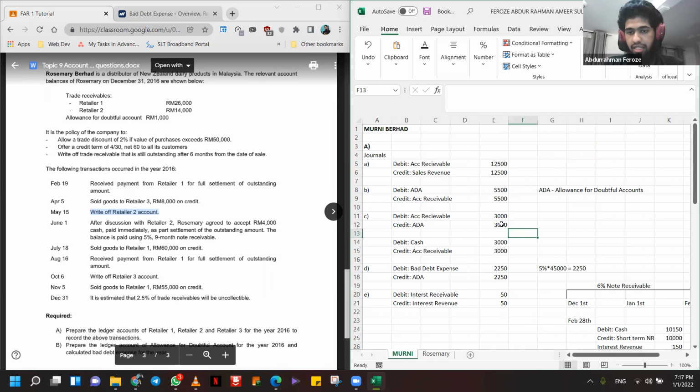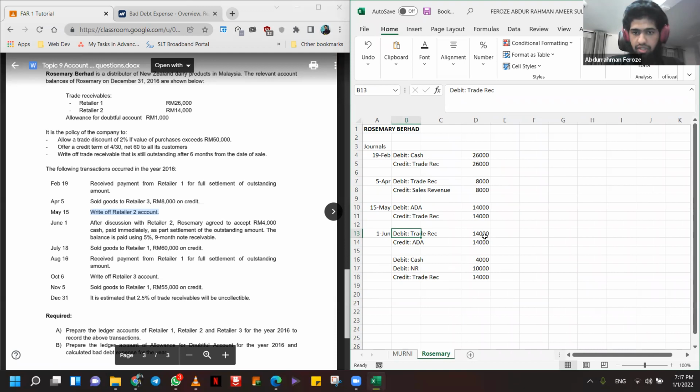So you debited account receivable, credited ADA 3,000, and then for the second entry you debited cash and credited account receivable. So for this question, the first part is the same. We debited trade receivable, and trade receivable and account receivable can be used interchangeably. So debit account receivable, credit ADA. This was the same. Now over here, the second entry is how the company received that payment. So 4,000 of it was received via cash, and 10,000 of it was received via the note receivable, right?